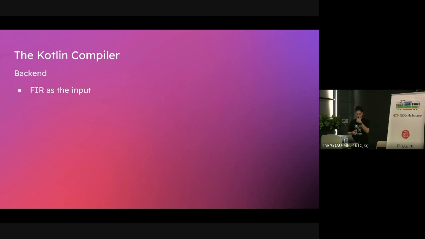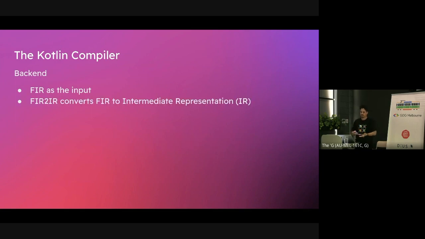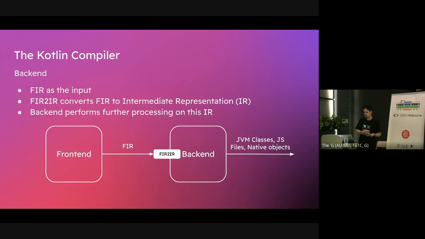Okay, talking about backend. So the K1 backend takes PSI and binding context, but the K2 backend will take this FIR and pass it to something called the FIR to IR converter, which produces the intermediate representation. The previous backend takes the PSI and puts it through PSI to IR conversion. So IR remains relatively unchanged, but the way the IR is used is changing.